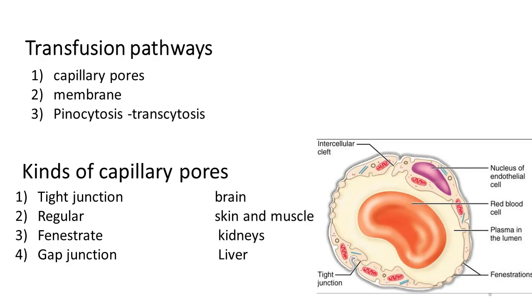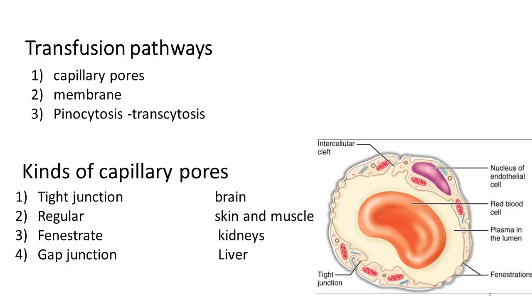And finally, pinocytosis or transcytosis is another way, where molecules go inside the endothelial cells by endocytosis and pinocytosis, and then go to the interstitial fluid by exocytosis. This way is named transcytosis.